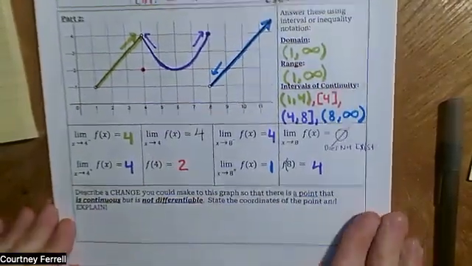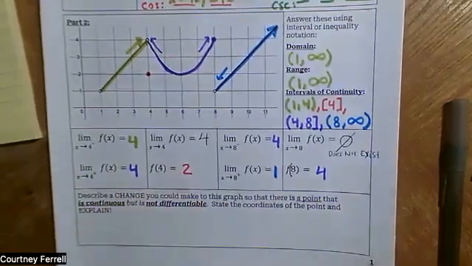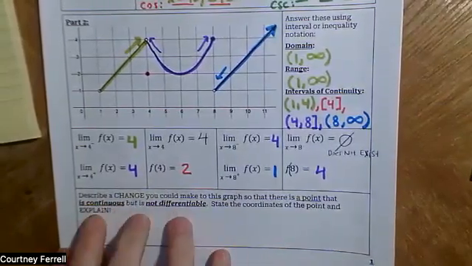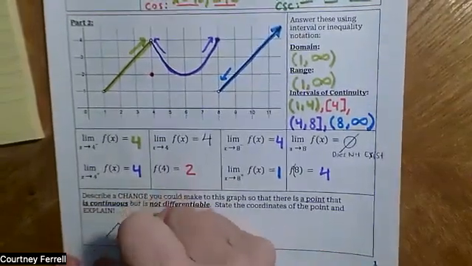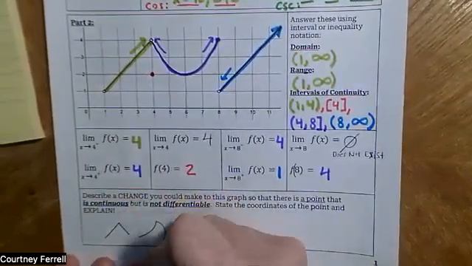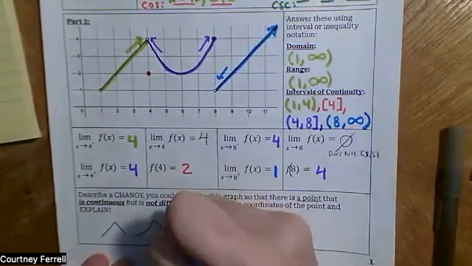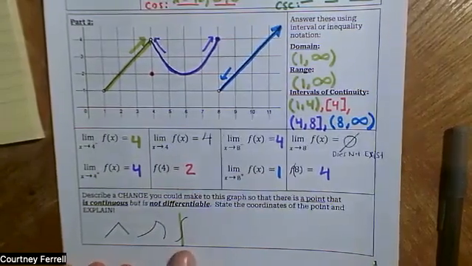Okay. So in order for it to be continuous but not differentiable, we chatted in class that this situation can only happen in 3 times. It can happen when the function has a corner or a cusp or some sort of vertical tangent, because in all of these cases here, the tangent line slope would be infinity, which is impossible.